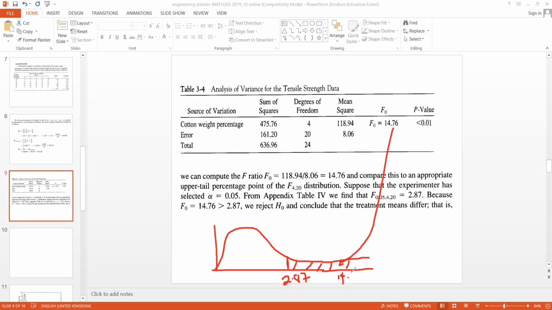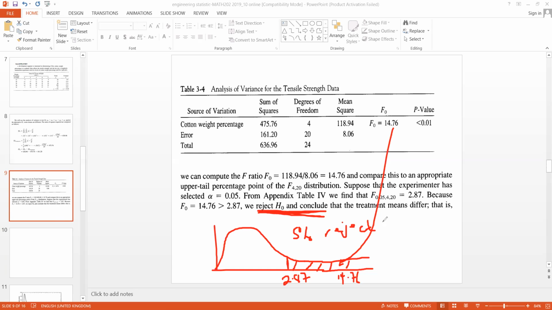So this suggests that at the significance of 5%, we have sufficient evidence to reject what? The null hypothesis. So we reject the null hypothesis.